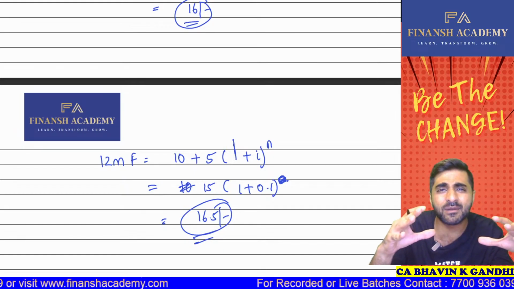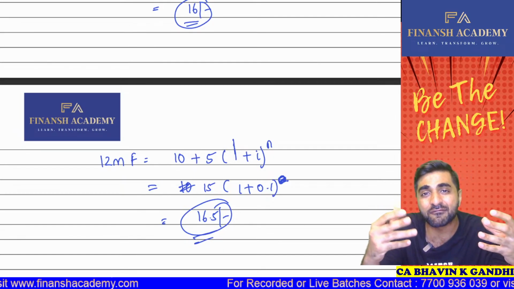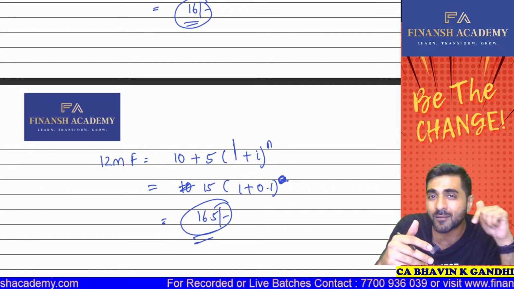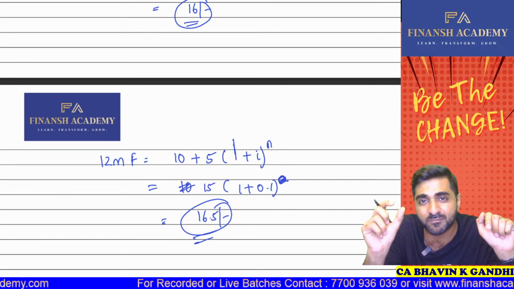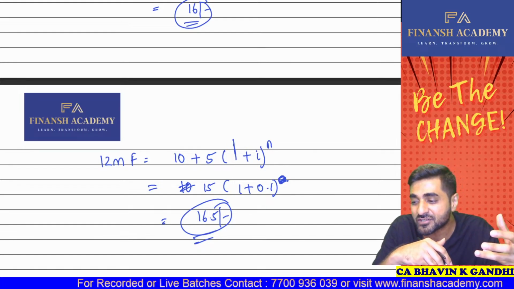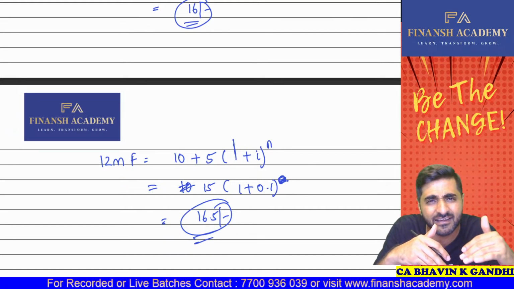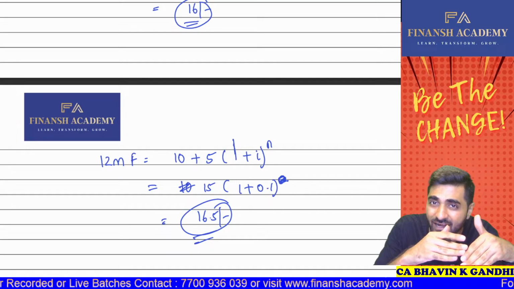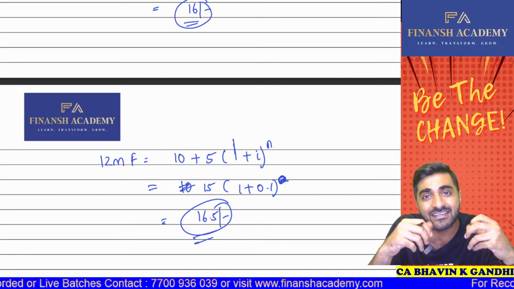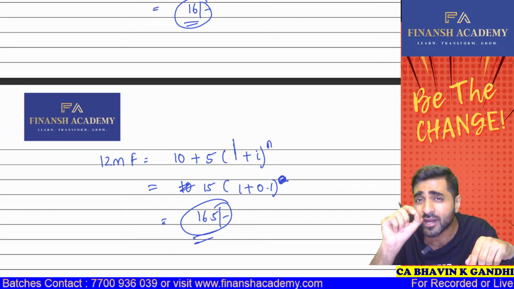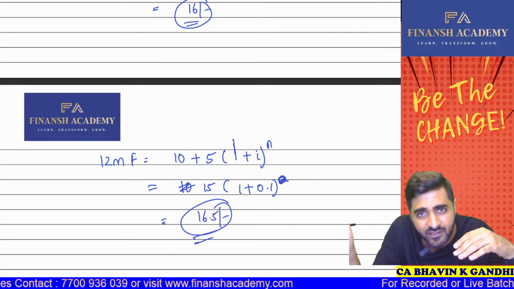So it's a very simple concept: if you think from the seller's perspective what quote needs to be given, then what will come to your mind is, okay, sir, first of all, spot and whatever is the interest, we have to take that into consideration. And then the storage cost, whether it is paid at the end, we will add it directly. And if it is paid at the beginning of the contract, then we have to also add the interest element to it, thinking that the storage cost is also getting blocked of the seller for the entire year.